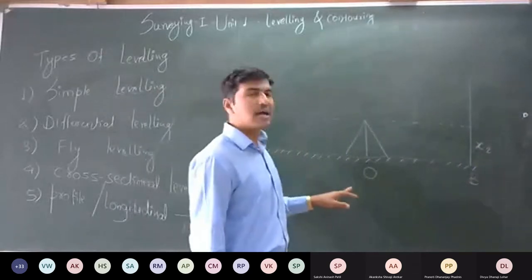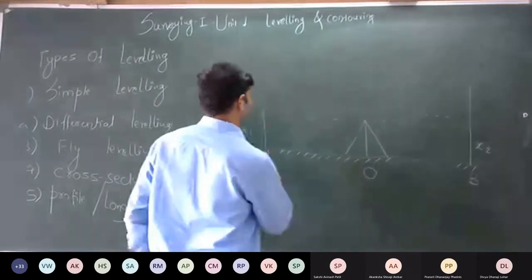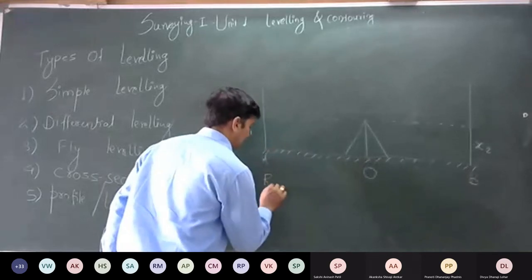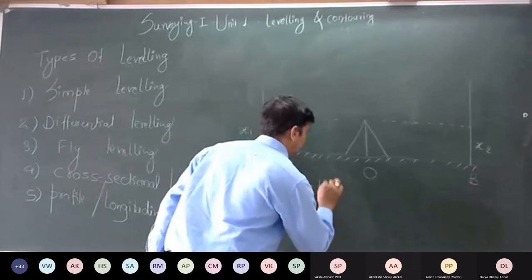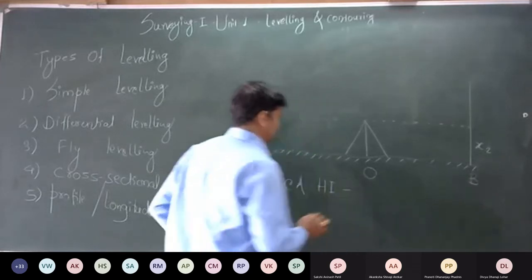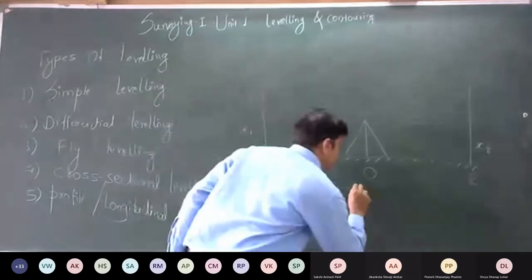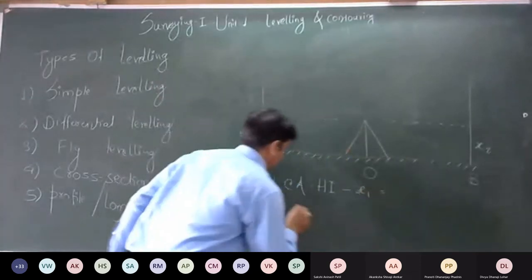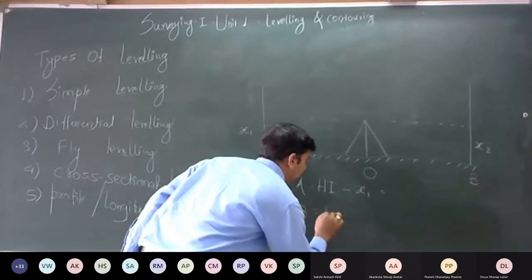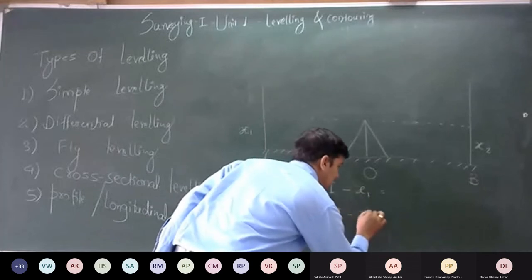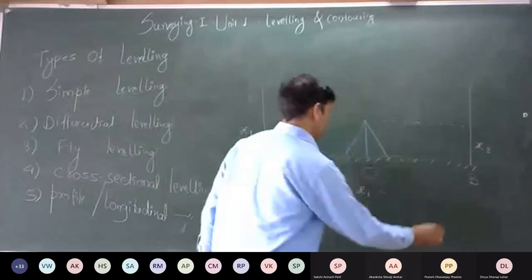Once I have found the HI, to find the RL of point A, RL at point A will be height of instrument minus reading on staff A, which is x1, and RL at point B will be HI minus reading on point B, x2.